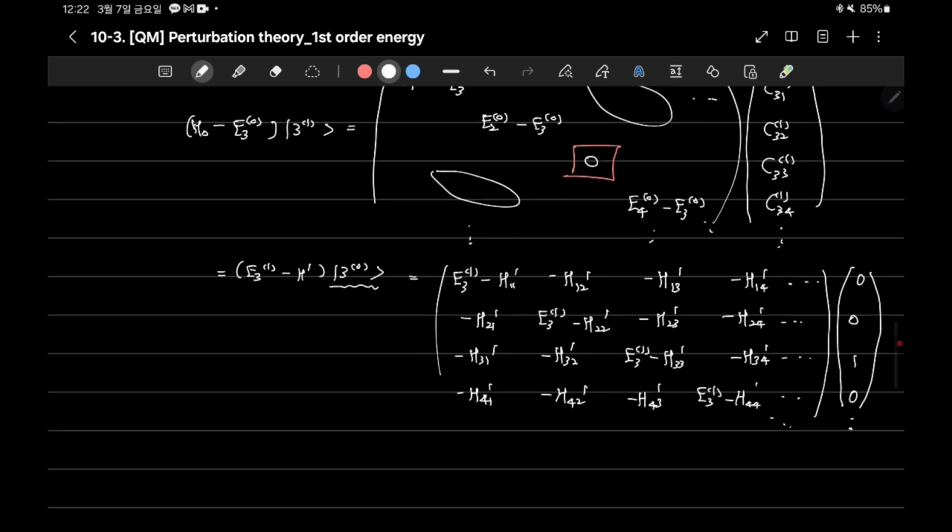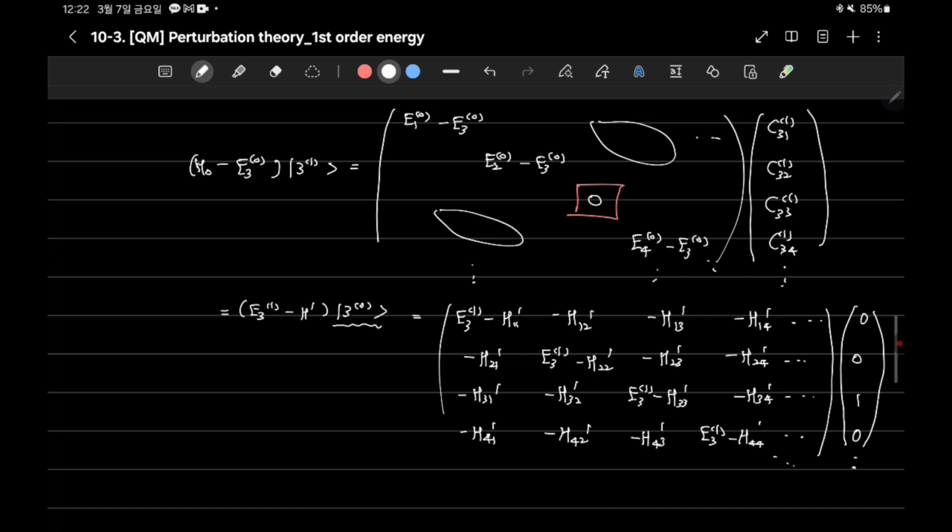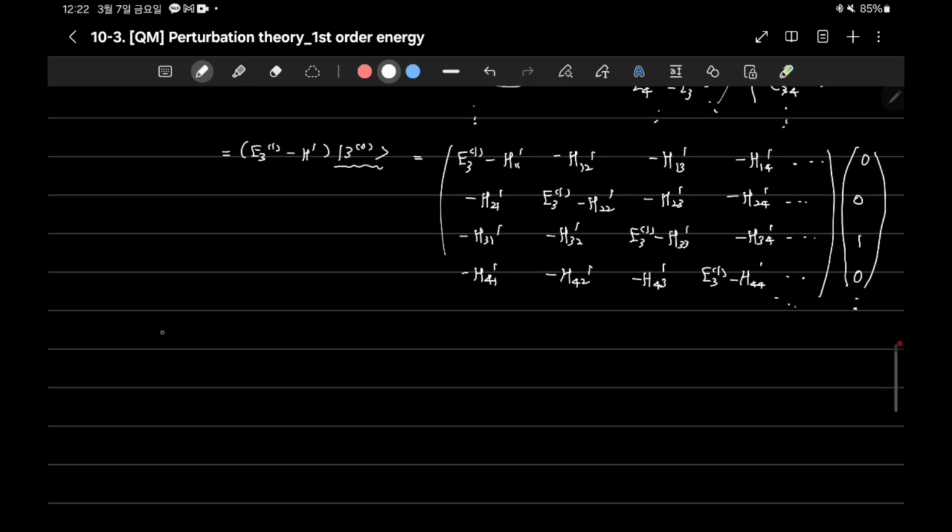Then when we calculate this matrix representation, we can write it down as E10 minus E30 times C31 first order, E20 minus E30 times C31 first order, and here is a 0, E40 minus E30 times C31 first order, like this.